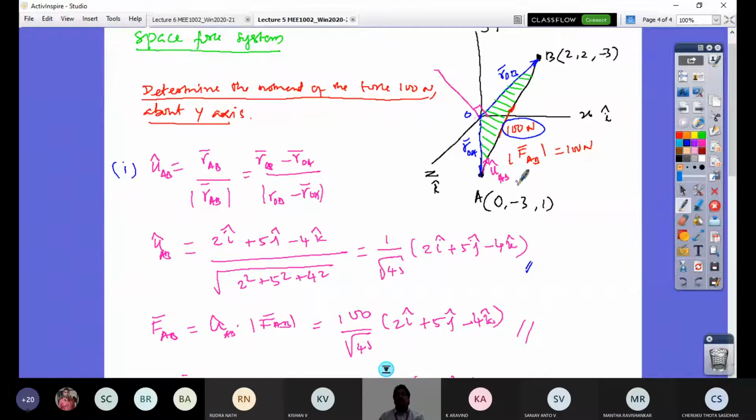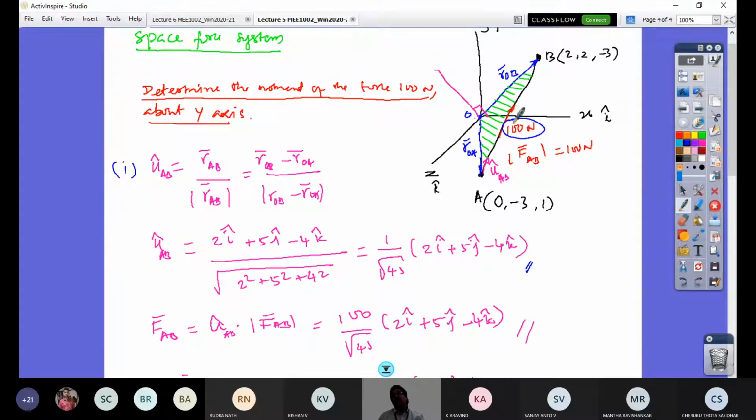So how am I going to find it? I know that in the scalar definition of the moment of a force about a point, the moment is force times moment arm, and the moment arm is the shortest distance. Now I have to find the moment created by the 100 Newton force about the y-axis. But this force is neither parallel nor intersecting, right?